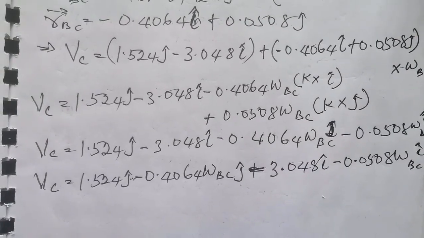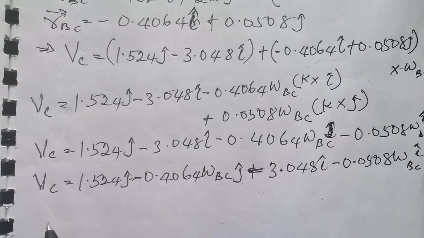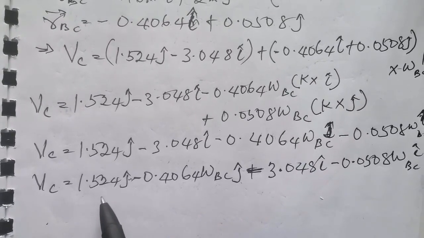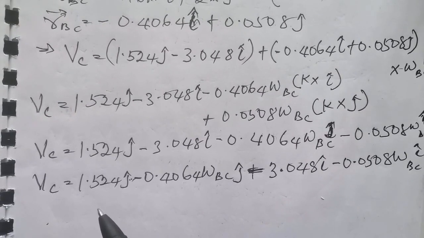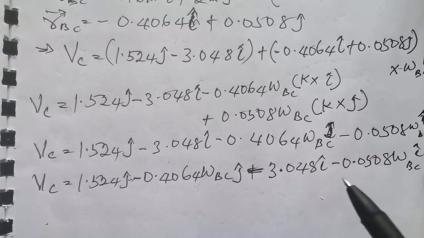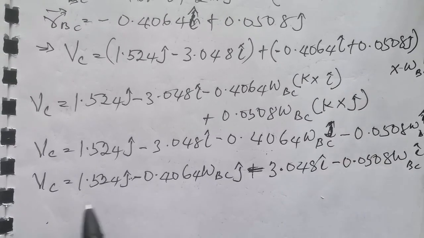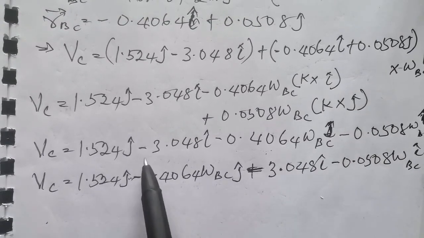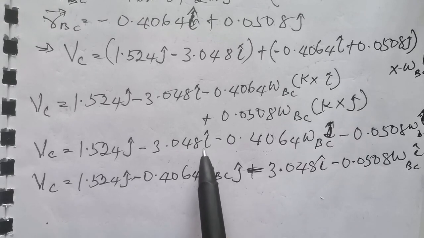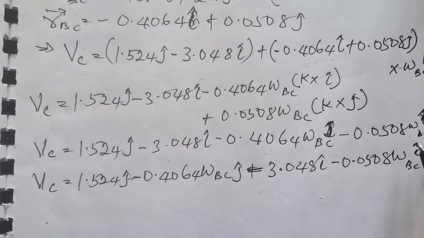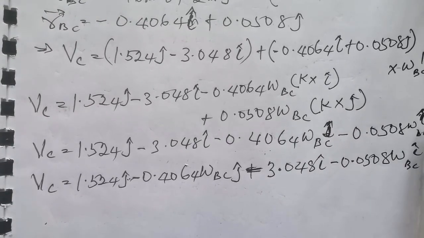So let's collect like terms in unit vectors. Of course, we have VC equal to 1.524 in the J direction. Then I have over here 0.4064 in the J direction. So comparing the two of them together. Similarly, I have minus 3.048 in the I direction. Over here, I have minus 0.508 in the I direction.